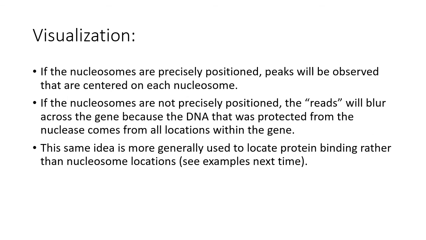All right, so if the nucleosomes are precisely positioned, we will see peaks that are centered on each nucleosome. If they are not precisely positioned, the reads will blur, because all the DNA will be protected at least in some of the cells, if not others.